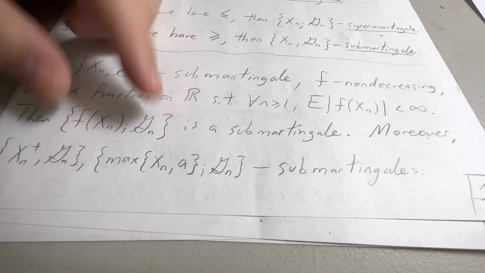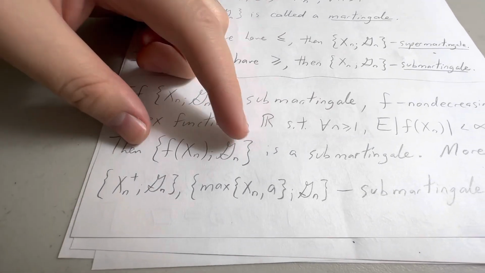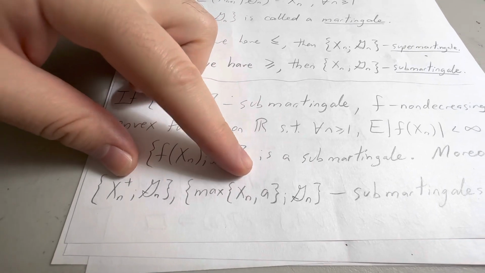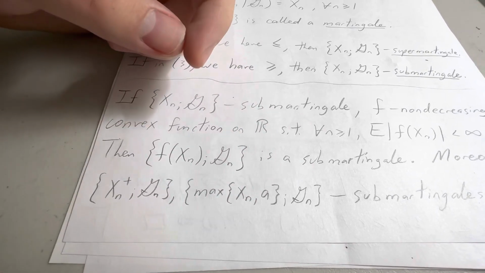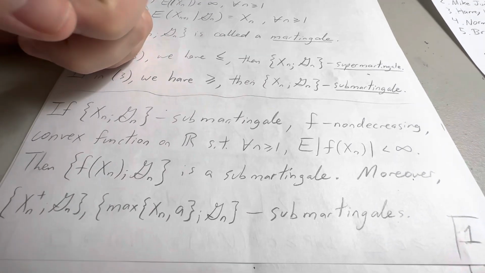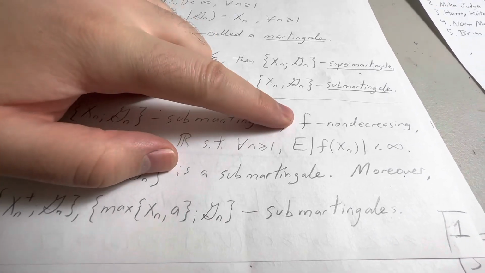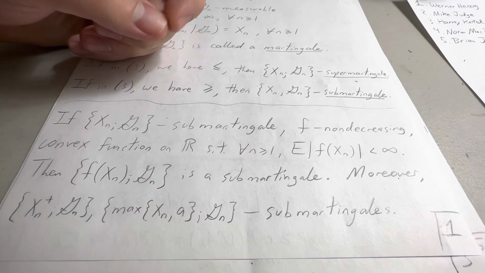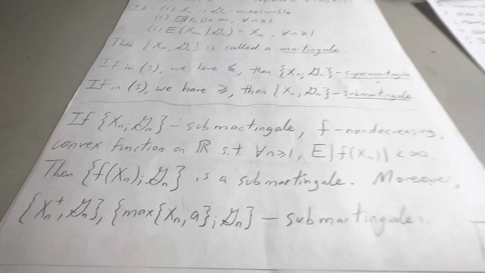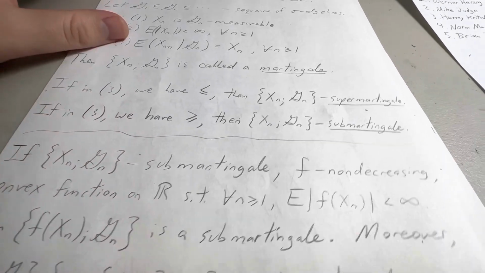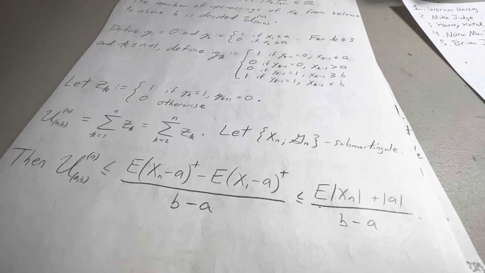Similarly, we can get other submartingales using Xn plus and max of Xn and a for fixed a. And if this is a supermartingale, I think if you consider negative f, then you also get another supermartingale, although I have to check to make sure that's true.